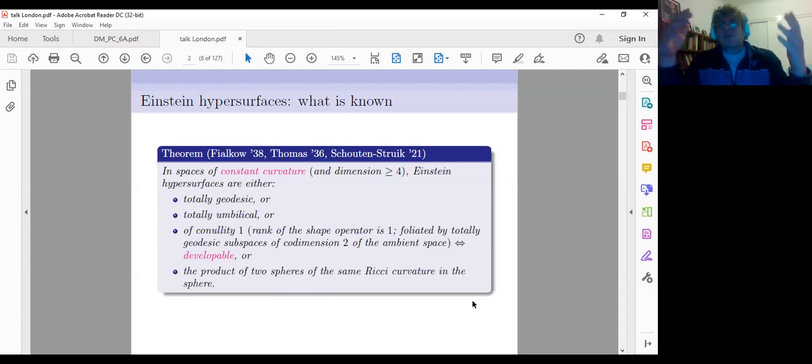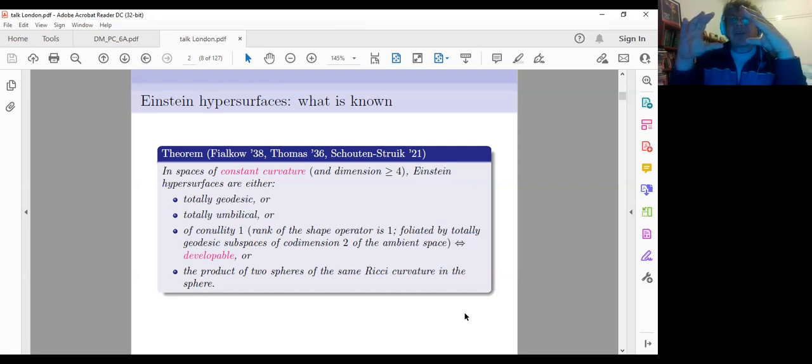Now totally geodesic means totally geodesic. Totally umbilical means the shape operator is a multiple of the identity. Of nullity 1 means that your shape operator has rank 1 at every point, and such submanifolds more or less depend on one variable, on a curve, right?